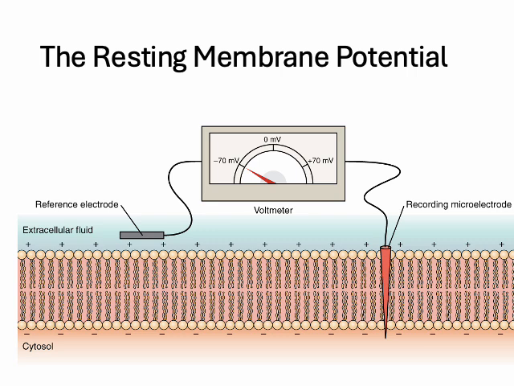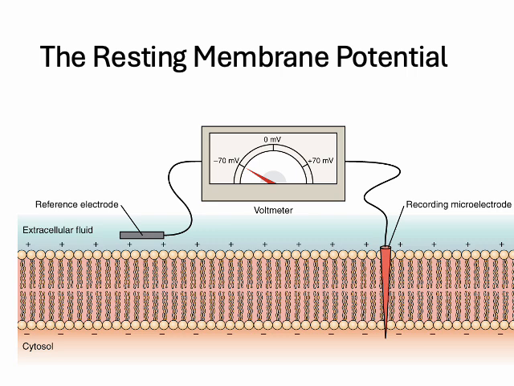So in this case, if we have one side of our voltmeter on the inside of the neuron, and the other side on the outside of the membrane, what we would see is that the inside of the neuron is much more negative than the extracellular fluid. In fact, we can actually measure that at rest to be minus 70 millivolts. The key here is that it is negative. It is more negative inside the cytosol of the neuron than outside the cell.